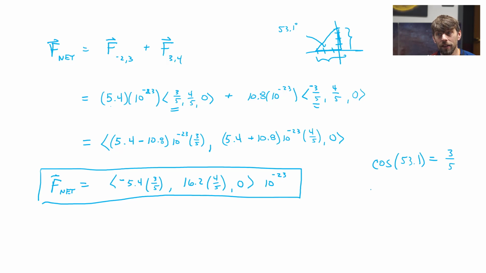And the same thing, if you did sine of 53 degrees, you should get the 4/5. So that's where the two approaches come into play. I did the relative position vectors, I did the magnitudes, and I left it in terms of vector notation. But that's completely synonymous with taking the triangles, finding the angles, doing the adjacent sides, doing the opposite sides. So it doesn't matter which way you approach it, they're both correct.